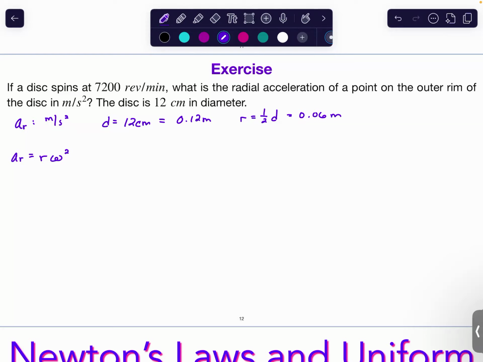Now, revolutions per minute can be turned into revolutions per second, which is what? Frequency. That is frequency.